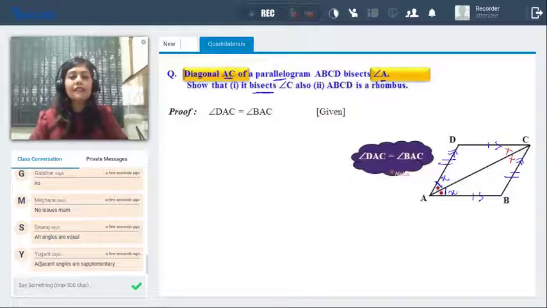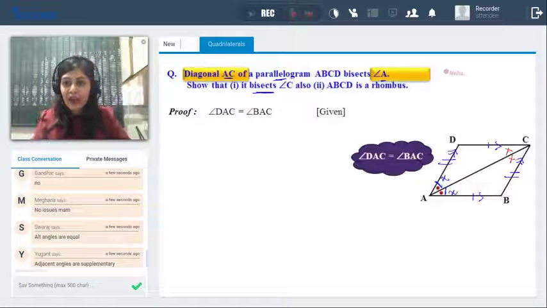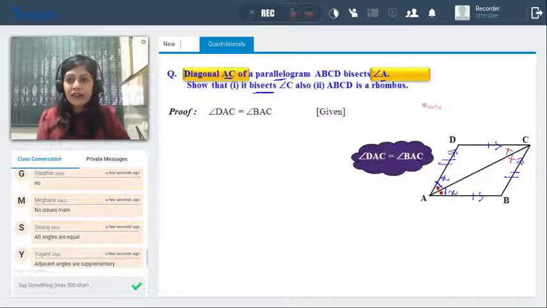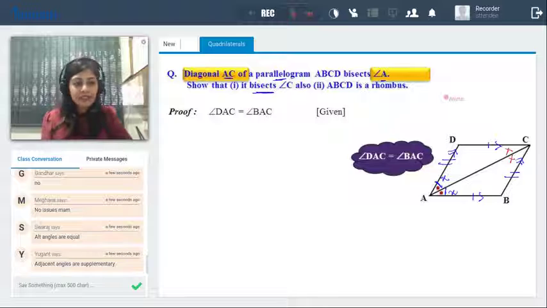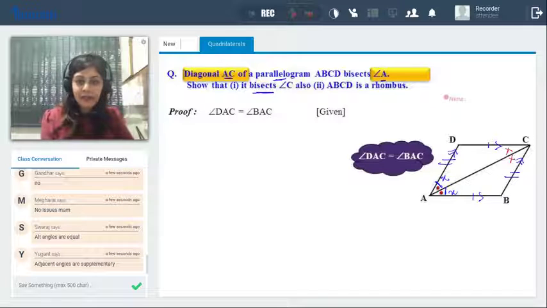What about opposite angles of a parallelogram, people? Come on, everyone. Let me see who all are sleeping. Tanisha, Meghna, Swaraj, what do we know about opposite angles? Students, opposite angles of a parallelogram are? Okay, people have not done their homework well.